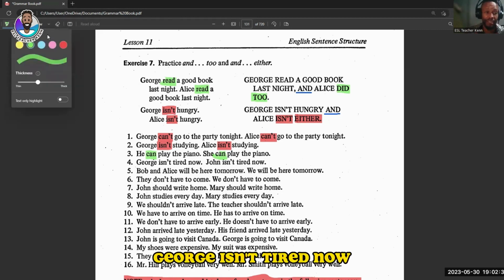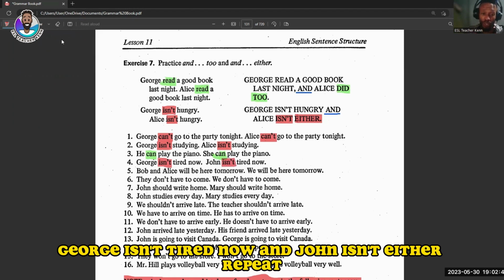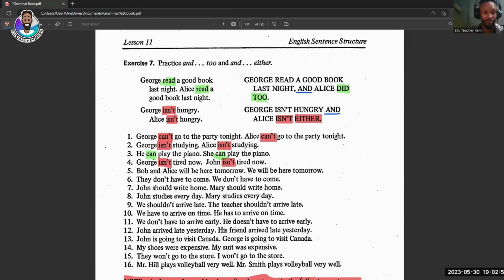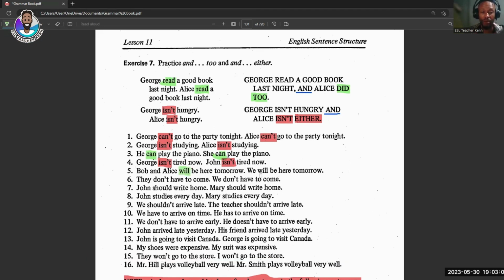George isn't tired now. John isn't tired now. George isn't tired now, and John isn't either. Repeat. Bob and Alice will be here tomorrow.